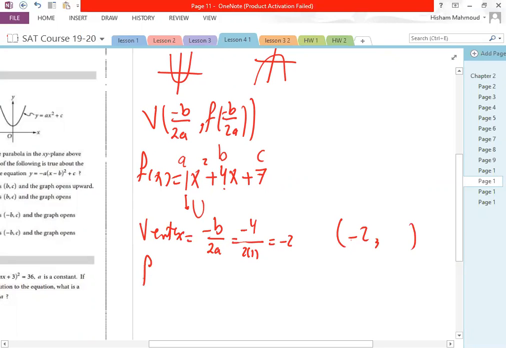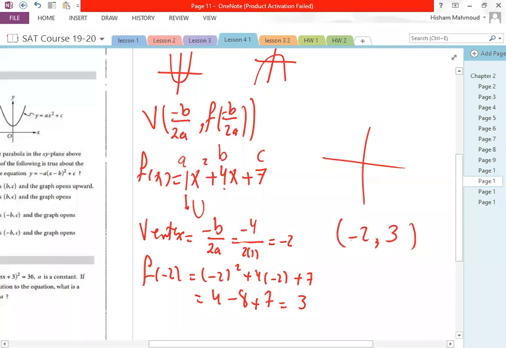Now I will plug negative 2 into the function. So negative 2 squared plus 4 times negative 2 plus 7, which is 4 minus 8 plus 7, which is 3. So the vertex is negative 2 and 3.